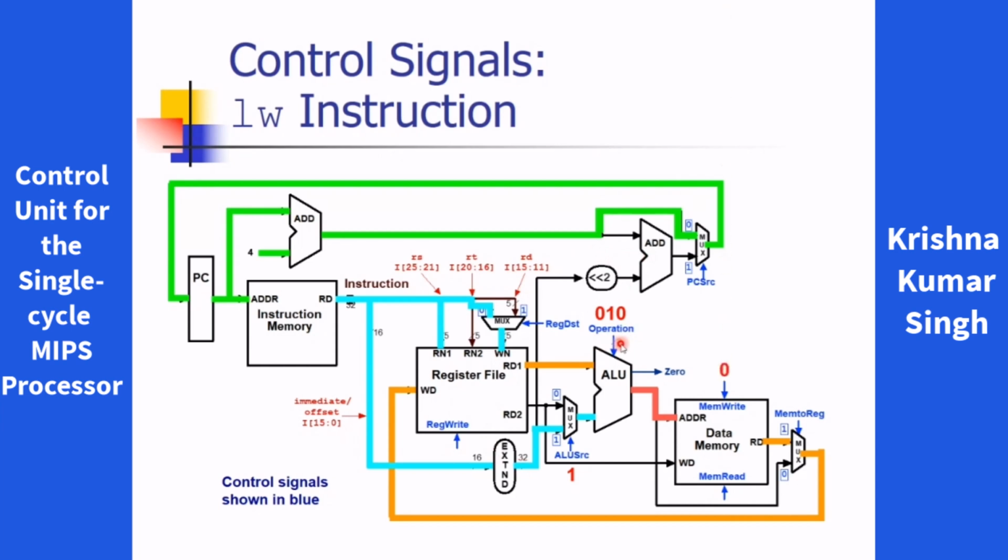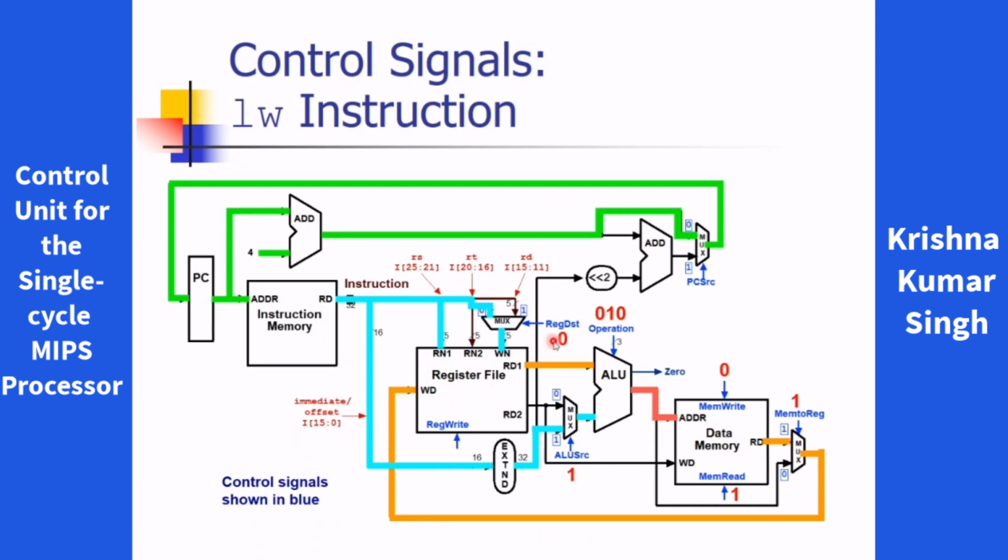So we don't want to write. Memory read is 1, memory write is 0. Memory to register should be 1 because I'm going to select this input and give it back to the register file. And register destination should be 0 because our RT field should determine the destination.